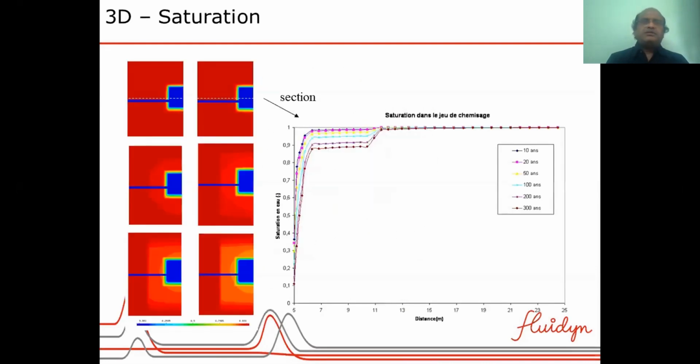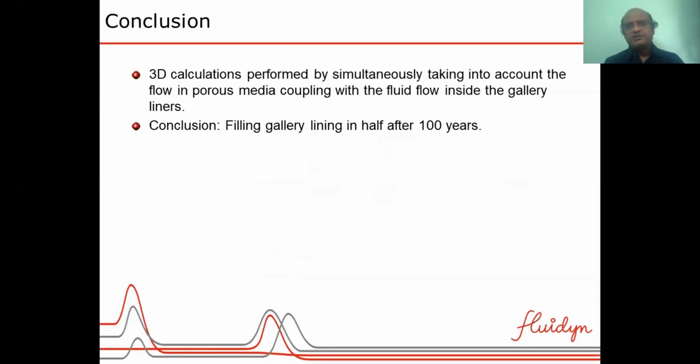So I'd like to say that these kinds of problems nowadays, such complex problems involving multiple physics, can be handled by intelligent coupling of various schemes and methods to get reasonable results.